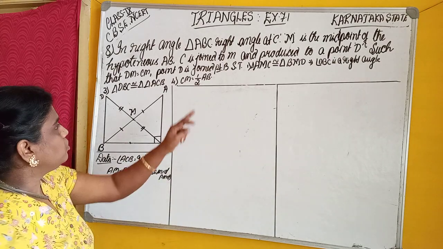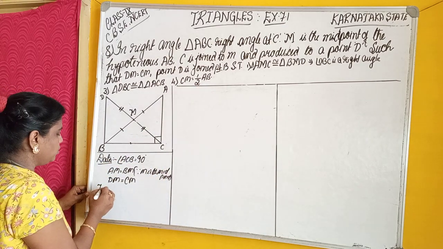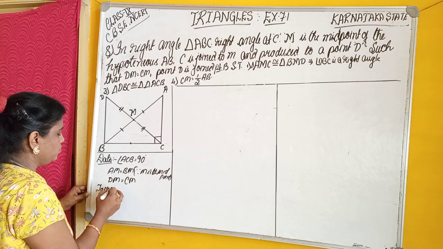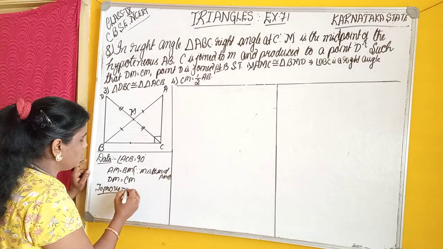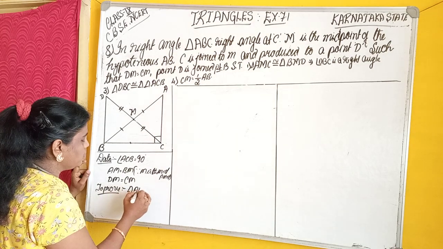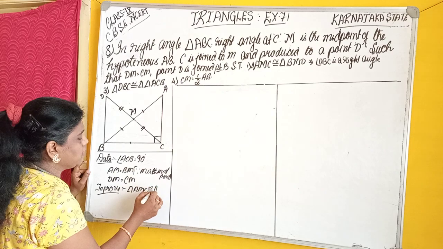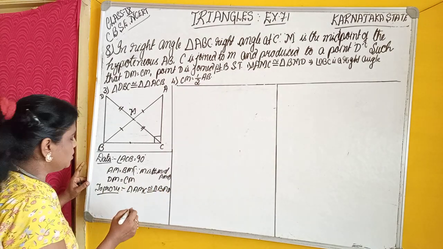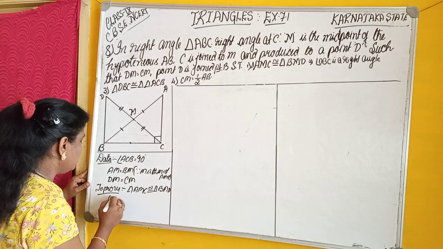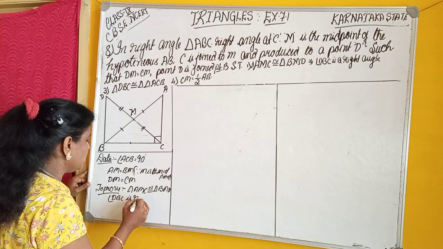Show that, what we have to prove. All the four points we have to prove. That is, triangle AMC is congruent to triangle BMD. Angle DBC is a right angle.